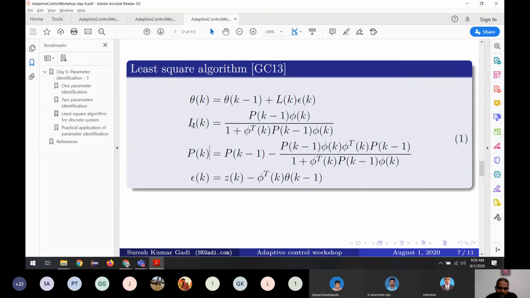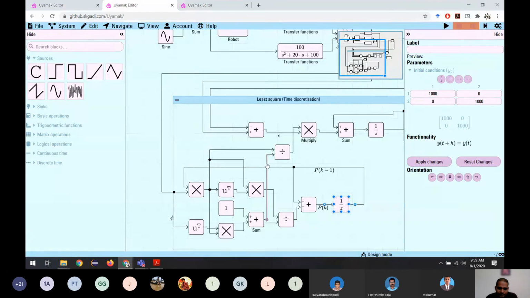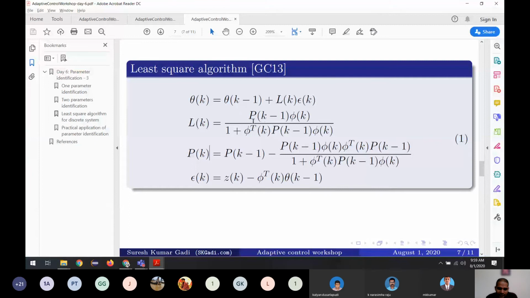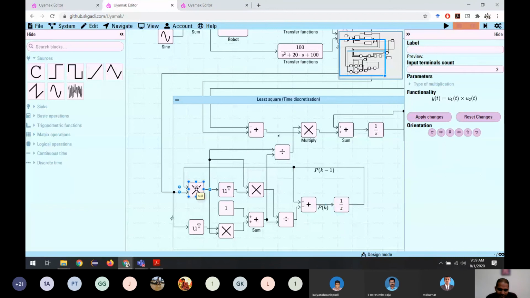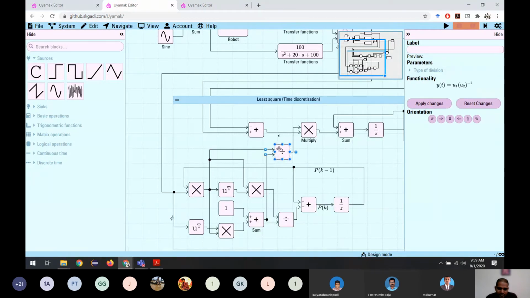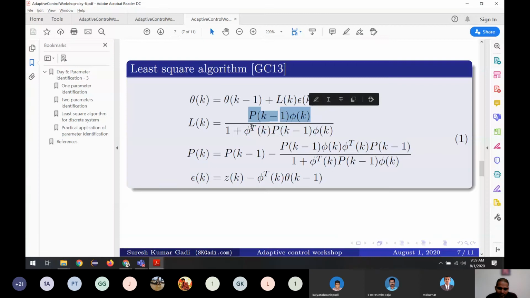So what is L of k? What we need for L of k is the previous p times phi. We already have that. This multiplication does that, and we divide it by this thing, which we also already have here.